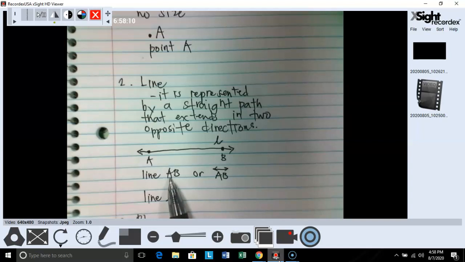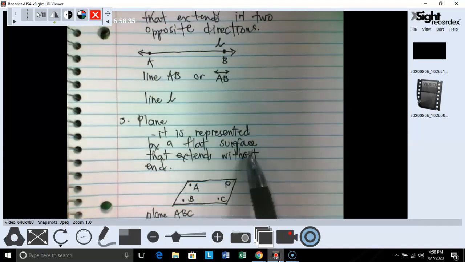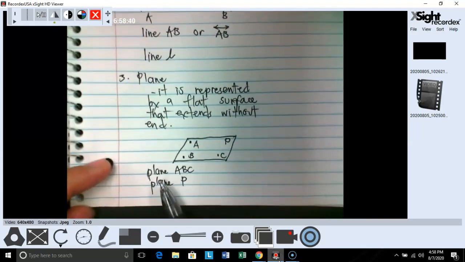We name it using 2 uppercase letters, line AB, or we use the symbol line AB, and another way of naming it is using a lowercase letter, line L, whatever the letter indicated right there. And then number 3, a plane is represented by a flat surface that extends without end. We use 3 letters in naming a plane, plane ABC, or just 1 letter on the plane, so plane P. That's it.